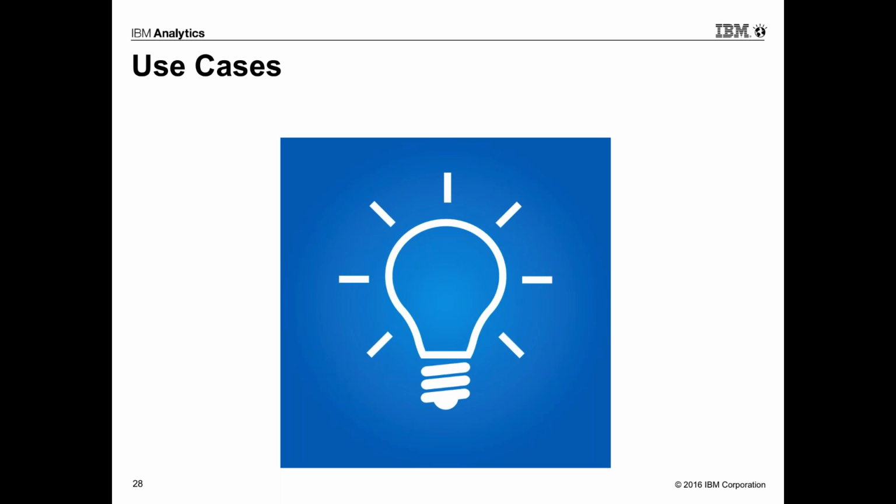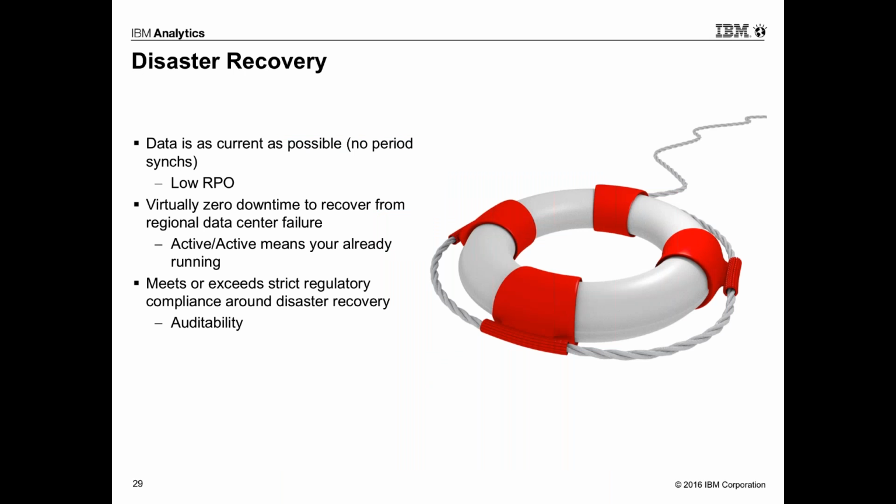Now let's talk a little bit about the common use cases associated with Big Replicate. First one, disaster recovery. Big Replicate really takes disaster recovery to the ideal case, where you don't have an active standby, where remote disaster recovery clusters are sitting idle, wasting compute resources.